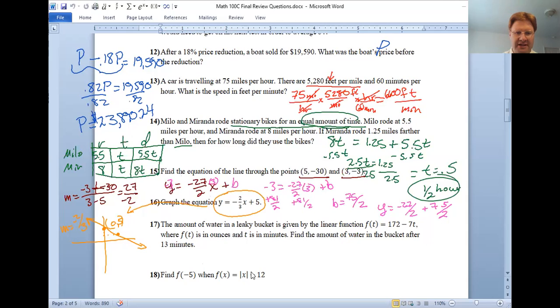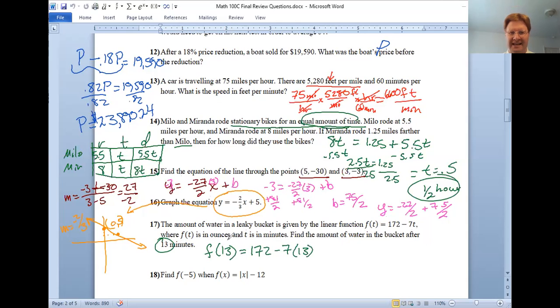Okay, number 17. Function of t, f of t equals 172 minus 7t, where f of t is in ounces and t is in minutes. Find the amount of water in the bucket after 13 minutes. So that's saying do f of 13, where t is 13. That's 172 minus 7 times 13.